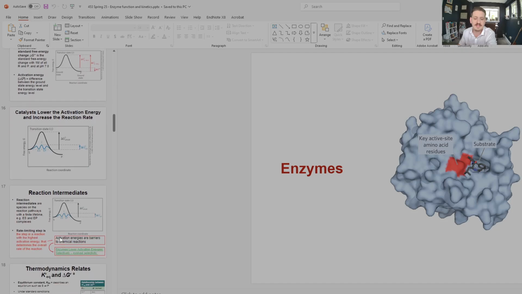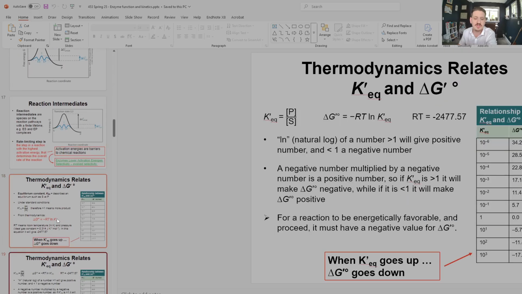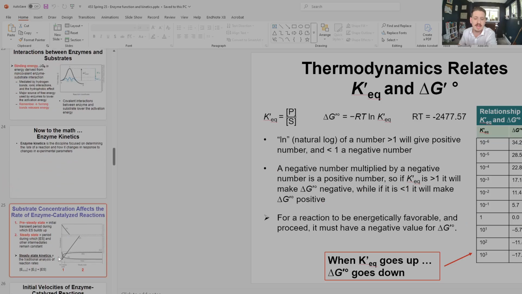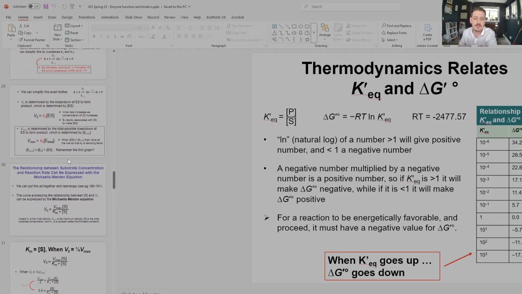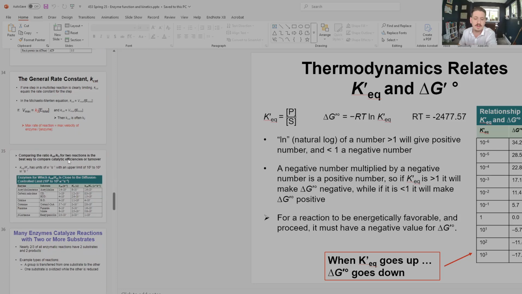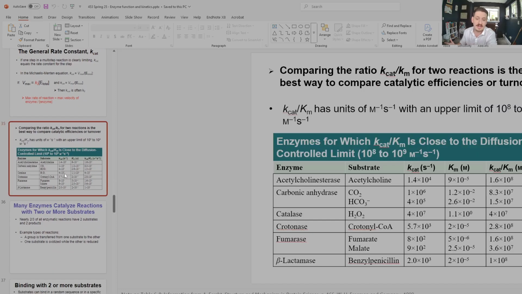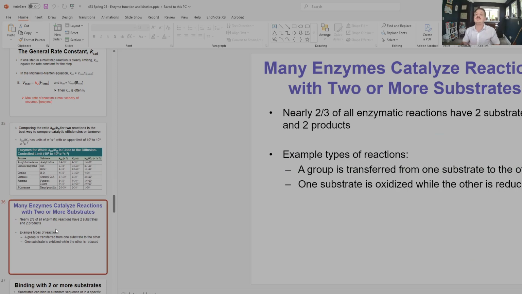I believe that these 2 slides are new, and we're going to go through up until here, which again is stuff that we covered, and then we're going to go into enzymes that catalyze 2 or more substrates. So you're used to a substrate binds with enzyme, produces products, but there's only one substrate producing one product.